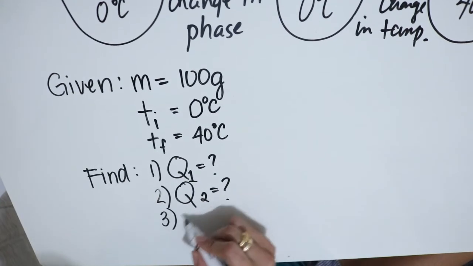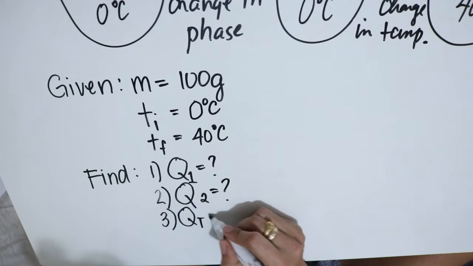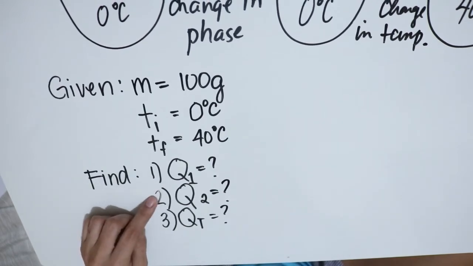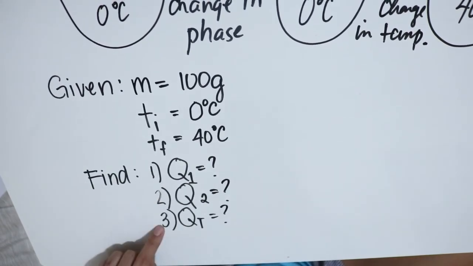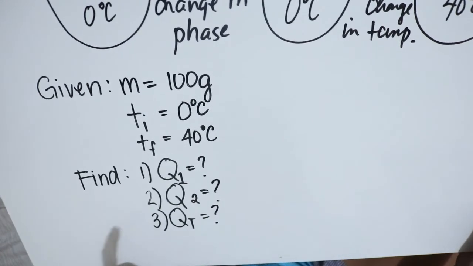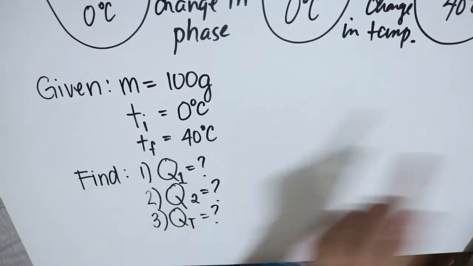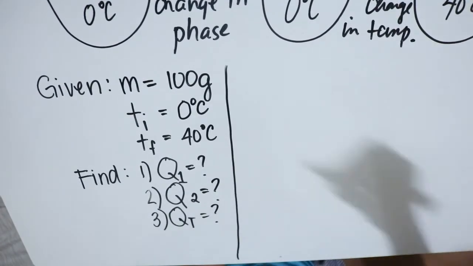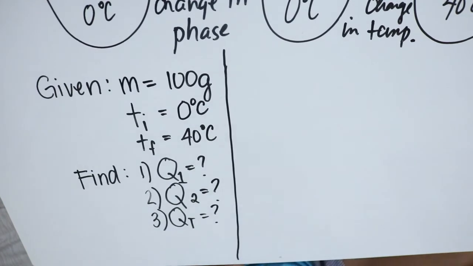So we assigned QT is equivalent to blank. So there are 3 things that we need to find: the Q1, the Q2, and the QT. QT is the Q total, the energy used in the whole process. So let's make a separation here.